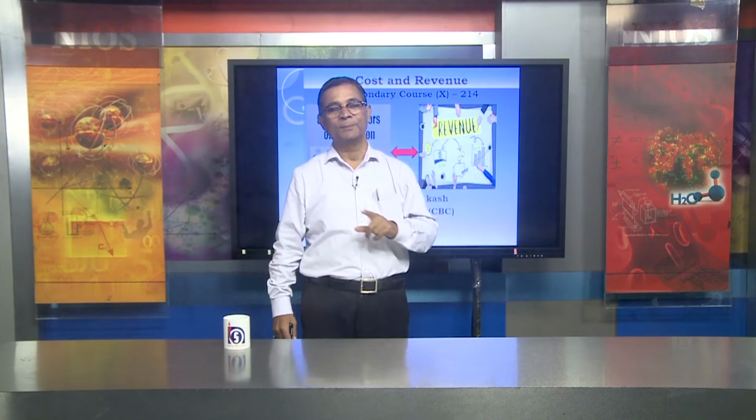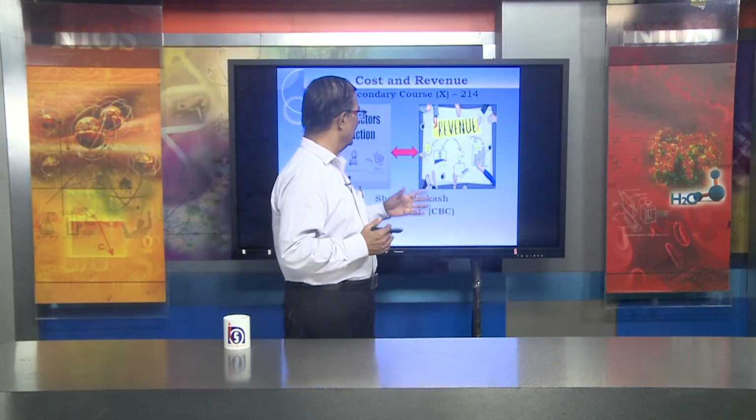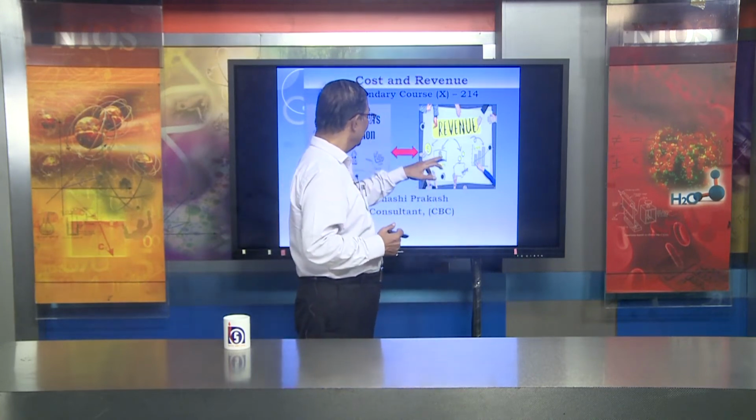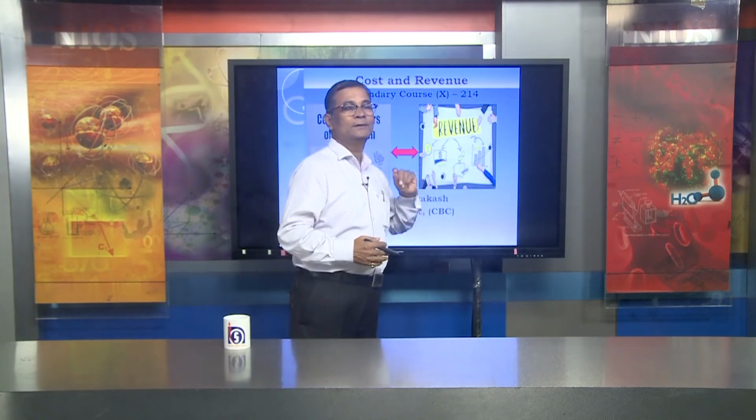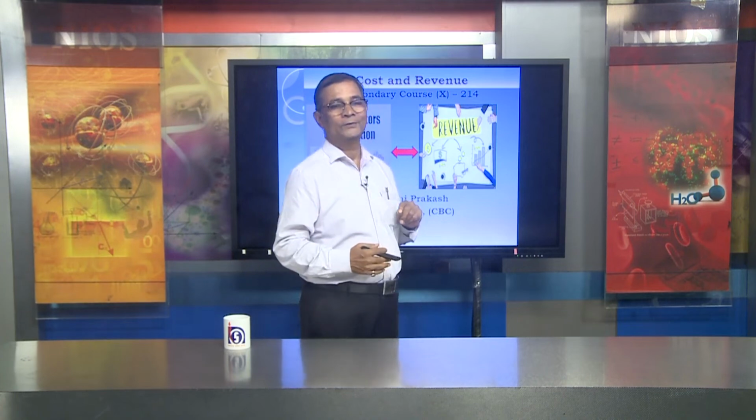The entrepreneur manages the whole production process by combining all these factors of production, by processing, to produce goods and services. Next, these goods and services are sold in the market and revenue is generated. So this is today's discussion.